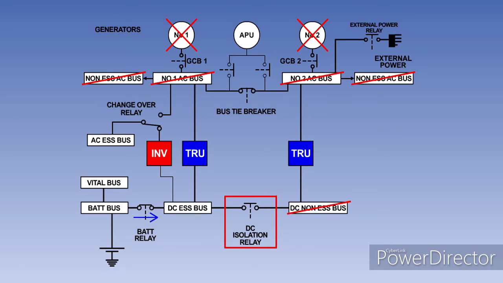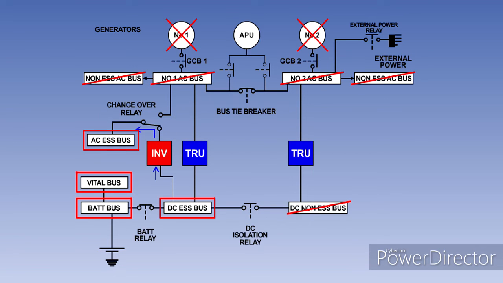And the DC isolation relay will open, cutting off power to the DC non-essential bus bar. Finally, the changeover relay contacts will move over, allowing the static inverter, supplied by the battery, to power the AC essential bus bar.